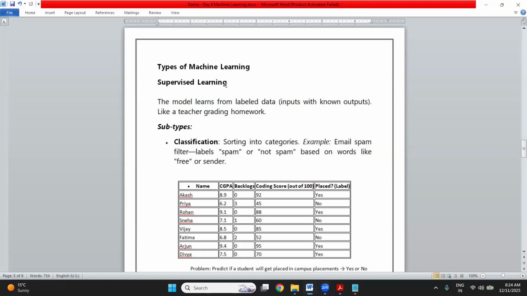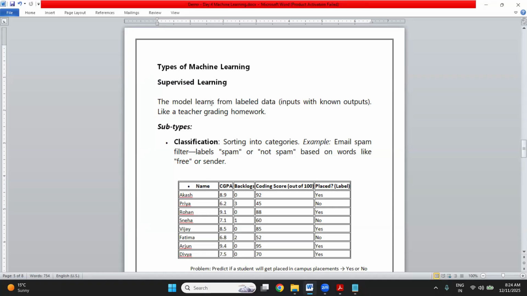Thank you. So there are two types of machine learning, rather three types actually. One is supervised learning, another one is unsupervised learning, and the third one is reinforcement. Supervised learning is nothing but like a student who is learning under the supervision or guidance of a teacher.